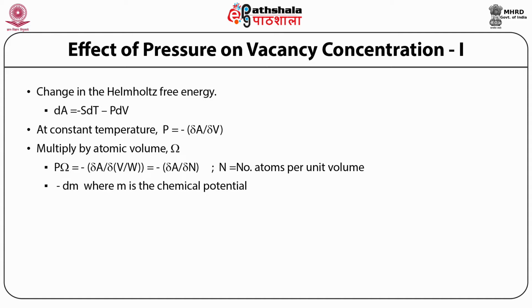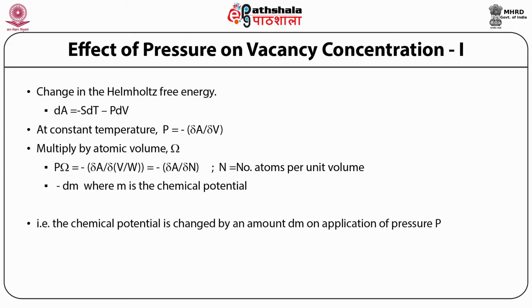Thus, on application of pressure P, the free energy per atom, or the chemical potential mu, is decreased by an amount equal to P omega from the chemical potential over a stress-free surface, mu naught. That is, mu is equal to mu naught plus delta A by delta N, which is equal to mu naught minus P omega, or mu naught minus sigma omega.